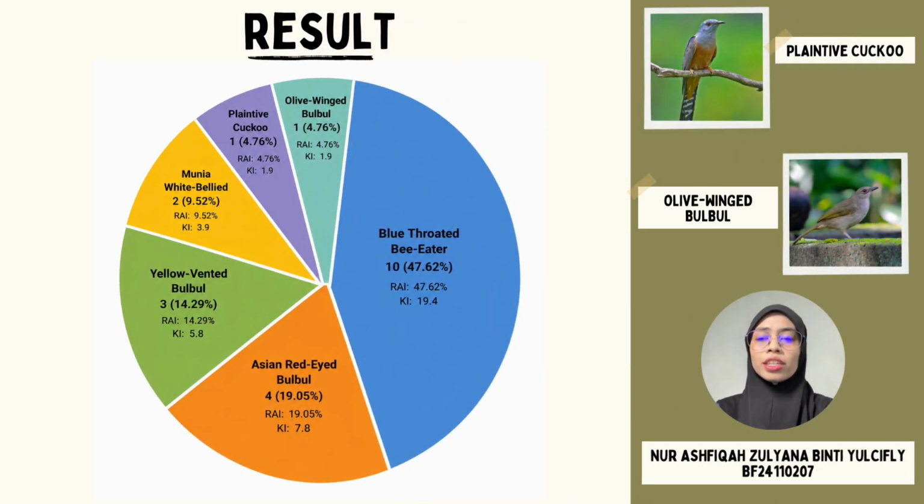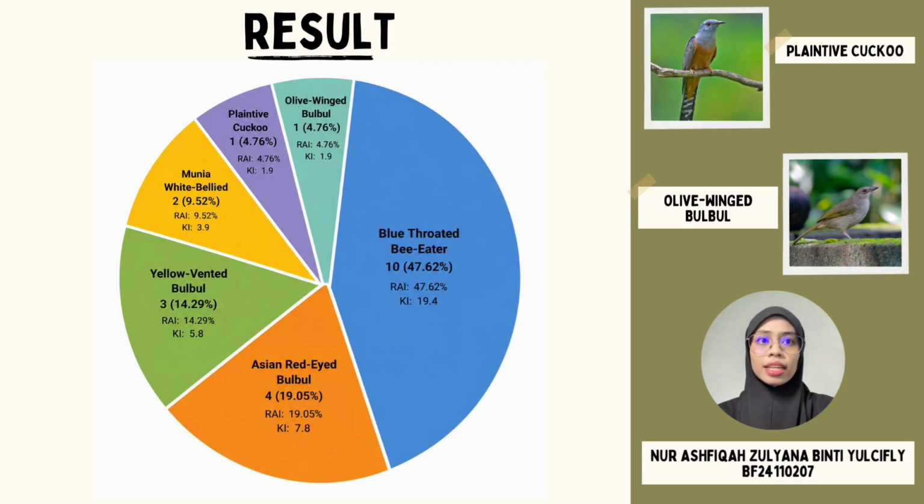Next, I will explain the results shown in Table 2, which presents the kilometric index Ki and the relative abundance index RAI for each bird species. The kilometric index Ki and relative abundance index RAI were used to evaluate the relative abundance of each bird species recorded during the survey. The blue-throated bee-eater recorded the highest values with Ki of 19.4 and RAI of 47.62%.